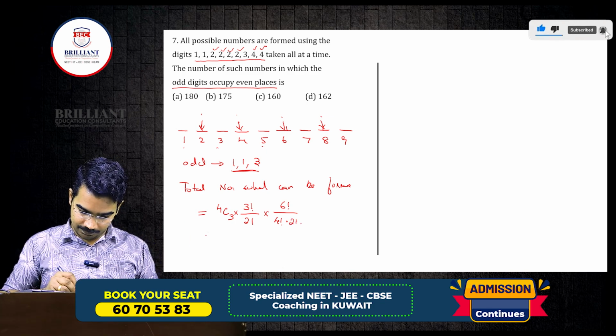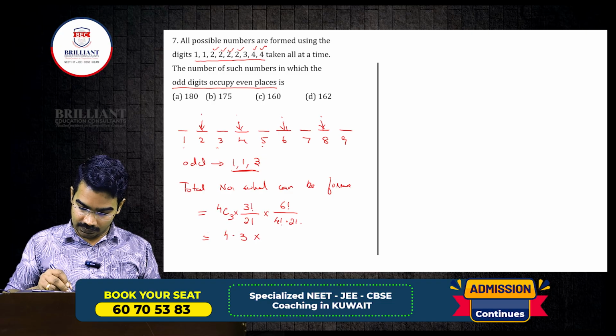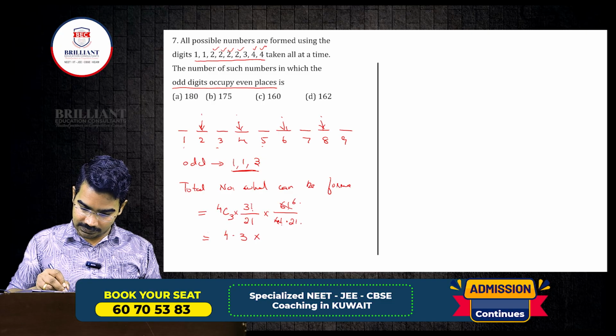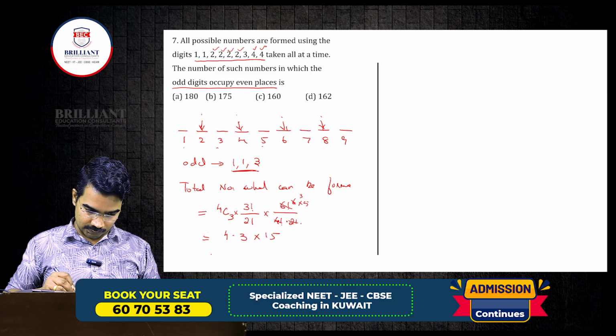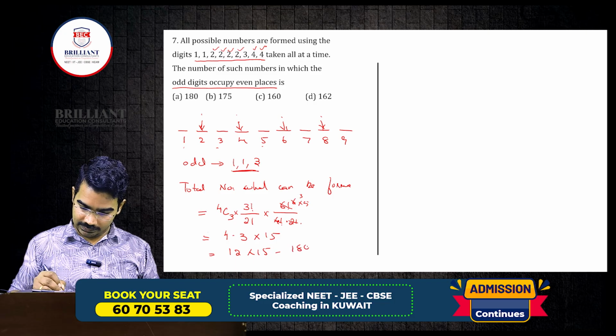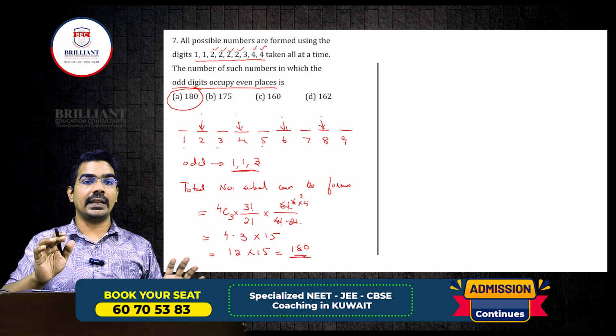So 4C3 will be 4. 3 factorial by 2 factorial will be 3. This can be cut as 6 into 5, 3. So this will be 15. So this will be 12 into 15, that is 180. So 180 is the answer. The right answer is option A.